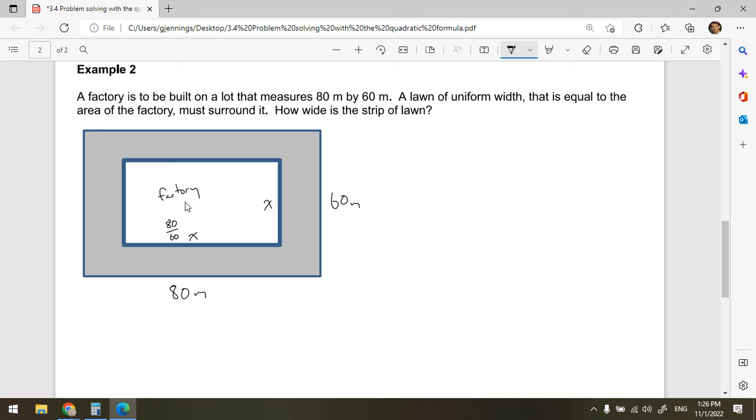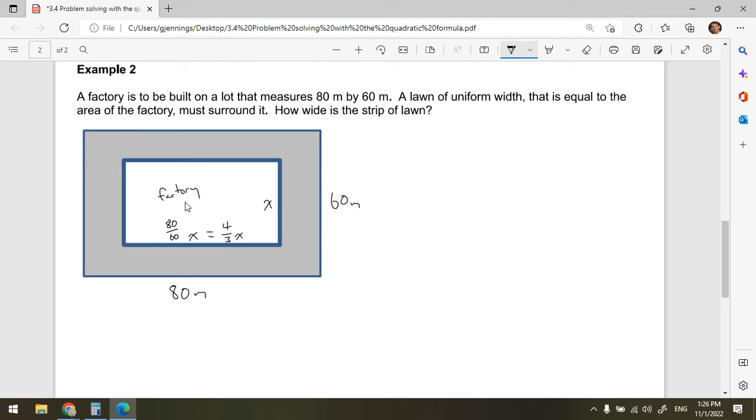So 80 over 60 is a fraction that will reduce. Yeah, you say 1.3 repeating? Yeah, I call it 4/3, but same. Good. So this is equal to 4/3 x. Now the factory, which is x times 4/3 x, has the same proportions as the yard, 60 by 80.